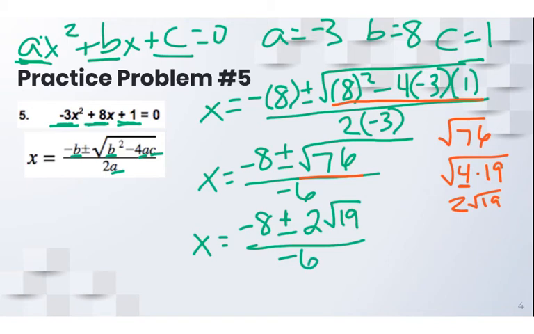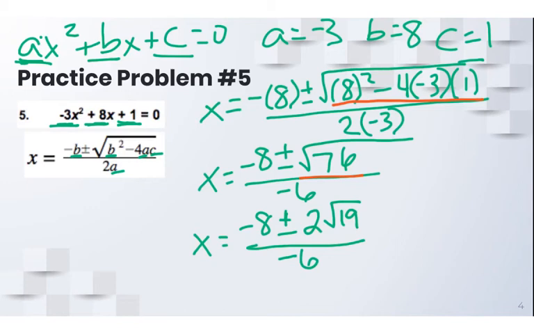I do want to show you also how to do it with the decimal. So if you put the square root of 76, or you could put 2 square root 19, should give you the same decimal, I get about 8.72, right? So use your calculator, check my math with that.